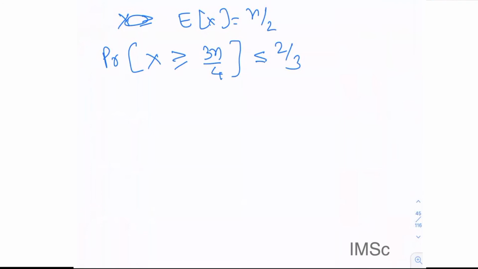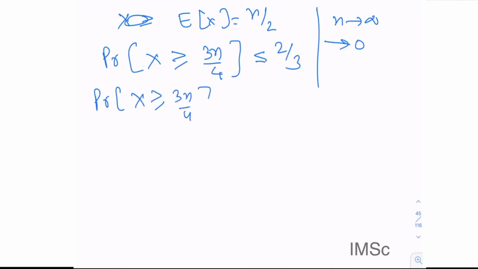Ideally, you'd like an upper bound on this probability so that as n tends to infinity, it tends to 0. But from this we couldn't get that. Now I can say that the probability that x is greater than or equal to 3n by 4 is less than or equal to the probability that mod x minus E of x is greater than or equal to n over 4.